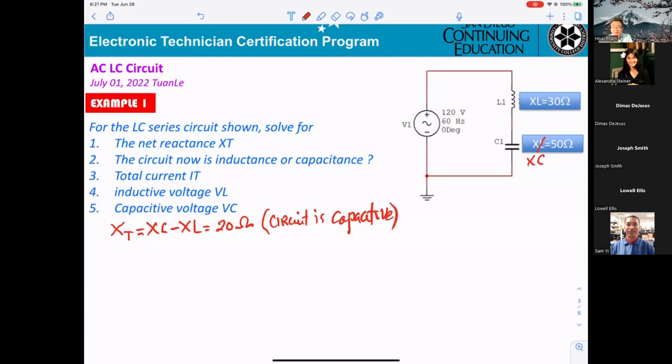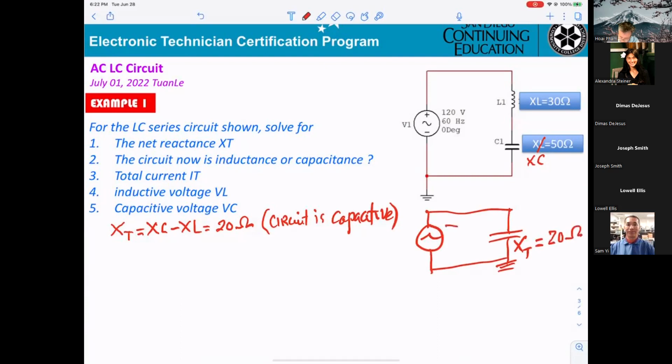The thing is, XC is higher than XL. Basically the circuitry, if you copy it down, then you can see XT is 20.